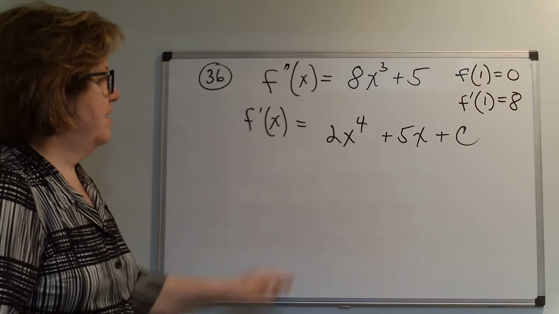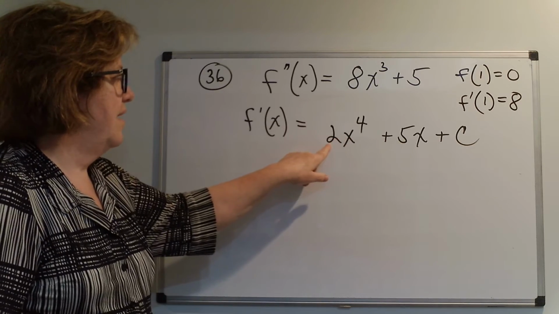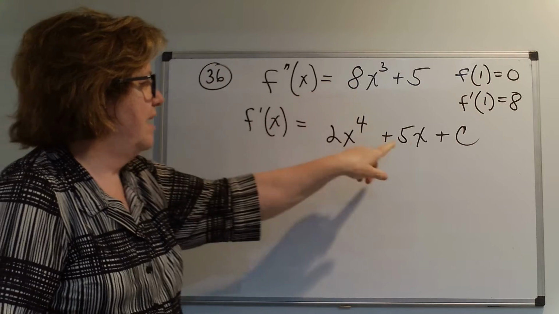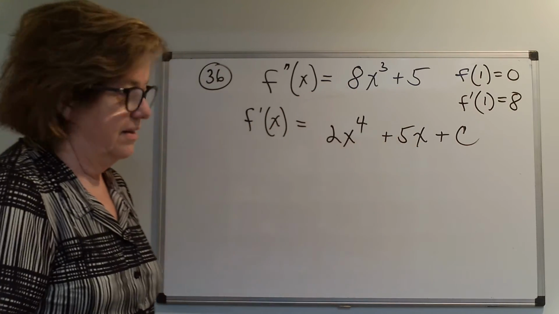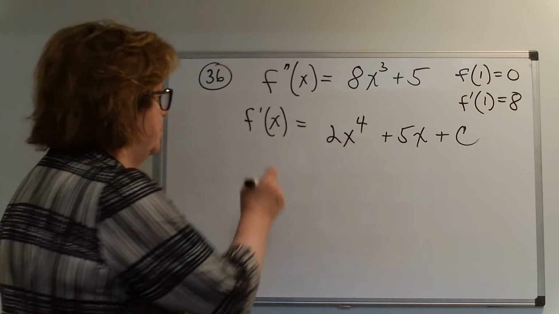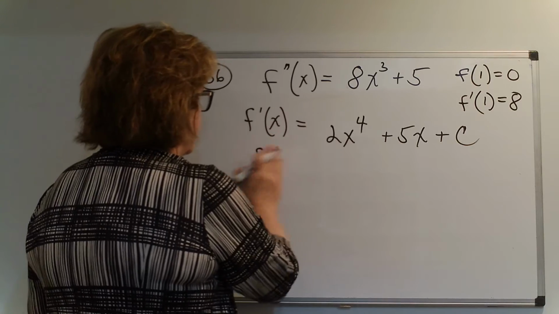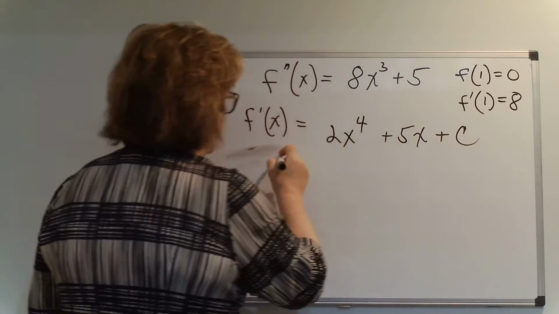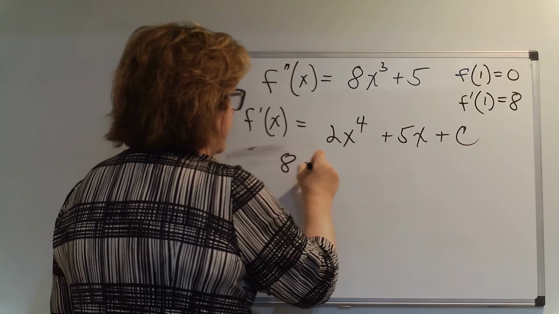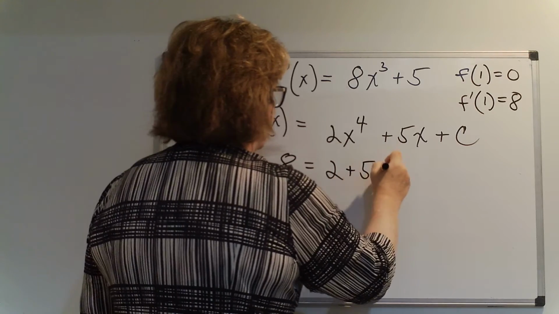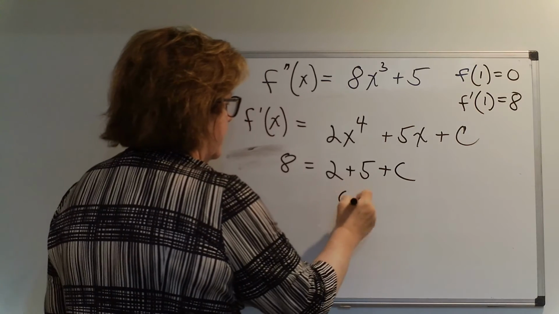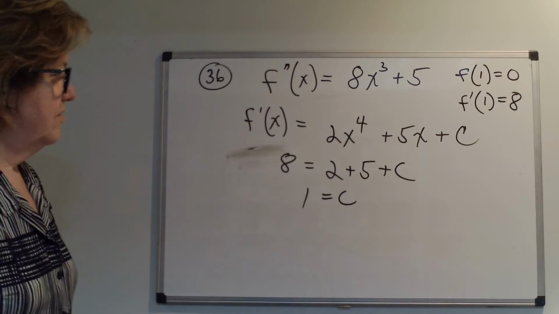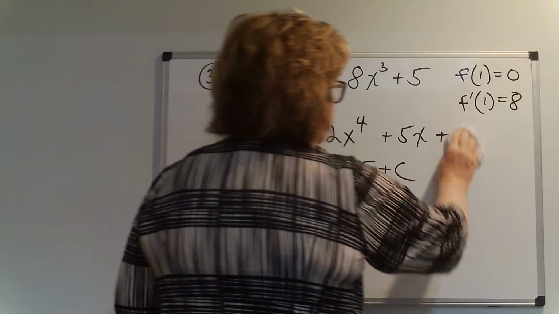Okay, let's check it. 4 times 2 is 8, x to the cube. If I take the derivative of this, I get that. Take the derivative of this, I get that. Now let's use the first bit of information. Let's go ahead and put in a 1 for x, and we're supposed to get out an 8. Okay, well then c has to be 1.